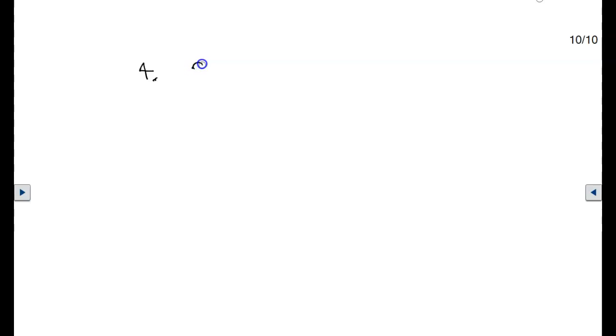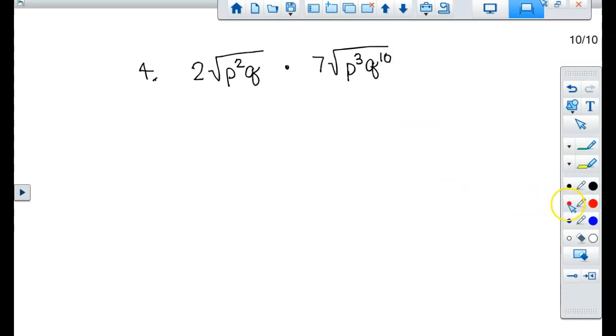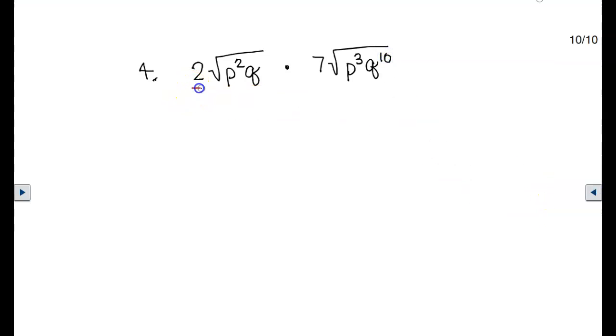Let's do 2 square roots of p squared q times 7 square roots of p to the 3rd q to the 10th. All right, so first we multiply. Outside times outside. 2 times 7 is 14.